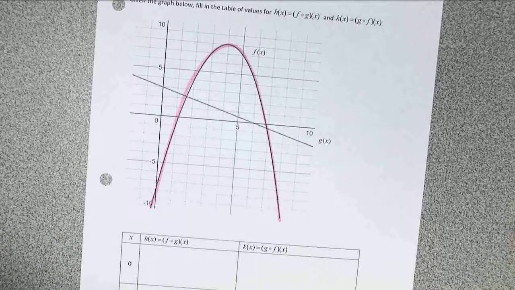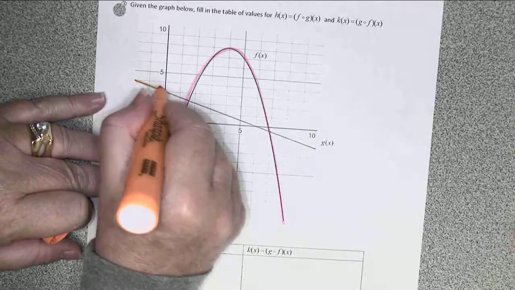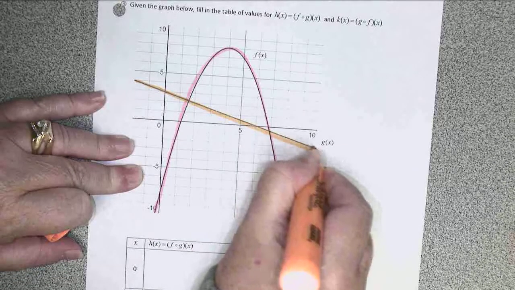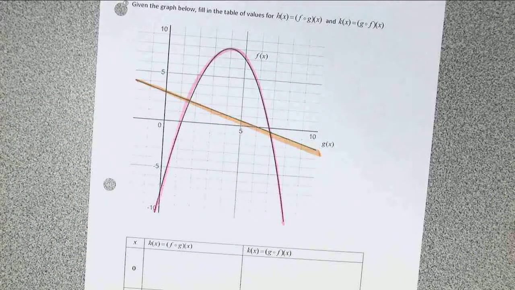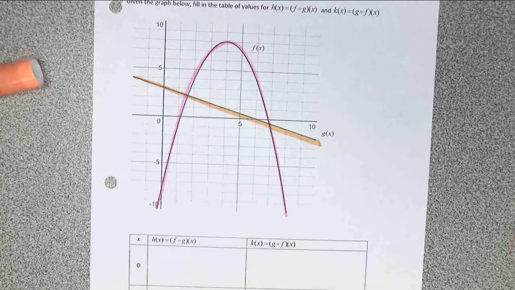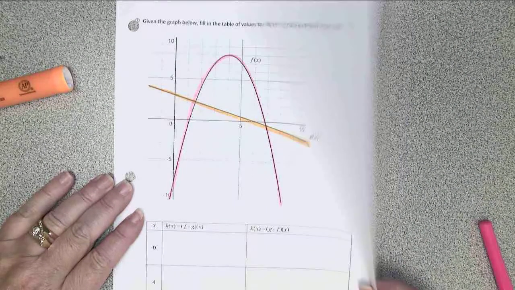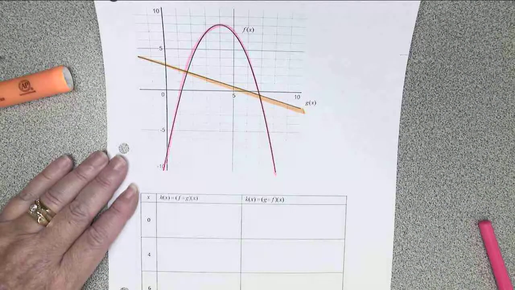And we'll let G be the linear. I would like to find compositions for specific values of x based on these two graphs. And I think I'm going to make this just a little smaller so we can see the graph and the chart in the same picture. There we go.